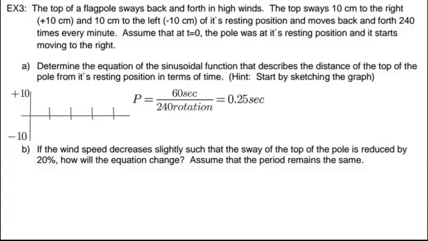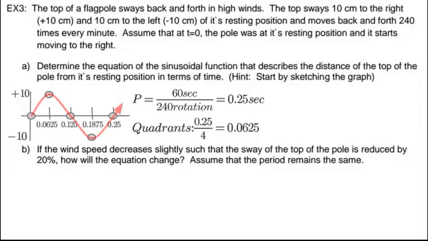However you want to get that, but that's going to be your period. If you cut that period into 4 parts, we get 0.0625. And so we actually don't end up needing that number, but it helps to kind of draw a sketch that every 0.0625 and total in 0.25, we actually have a full cycle.